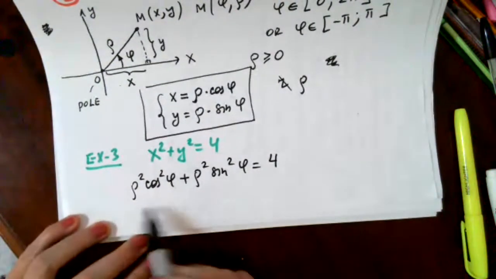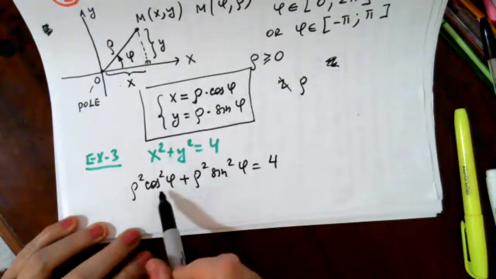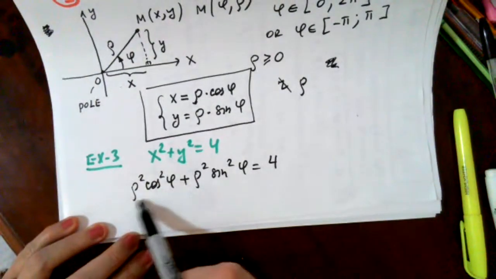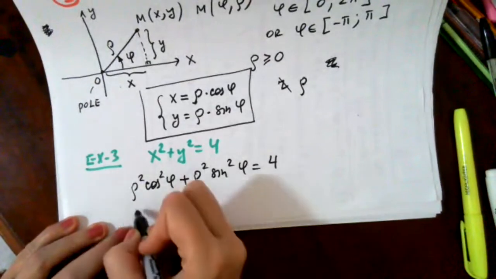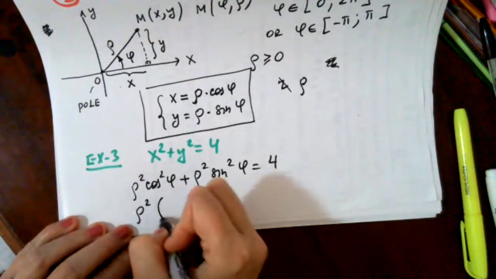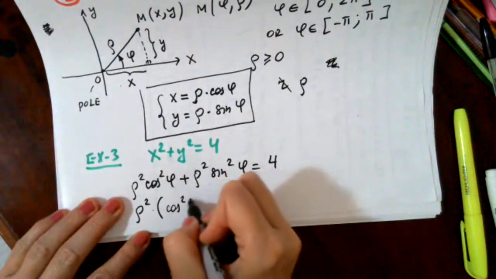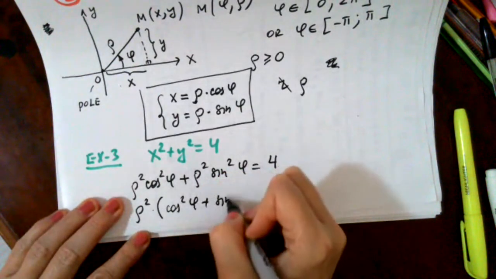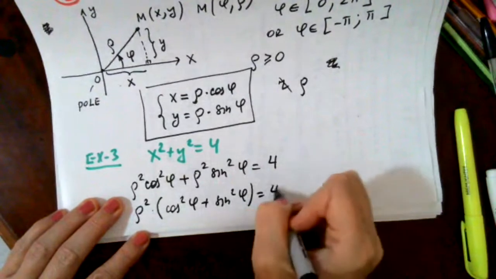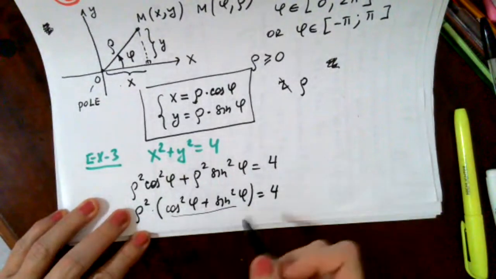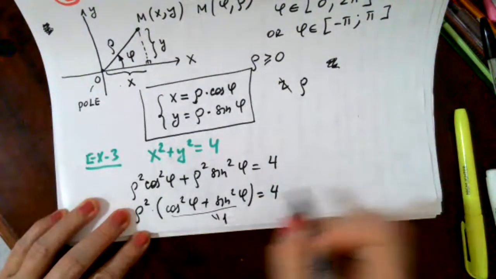Now it looks pretty daunting, but you need to simplify this. You can see on the left-hand side 2 terms, but they have a common factor, rho squared. Let's pull out rho squared, and you will be left with this expression inside, which looks pretty familiar to you, I hope. Yeah, that's right. This is the most famous formula from trigonometry.